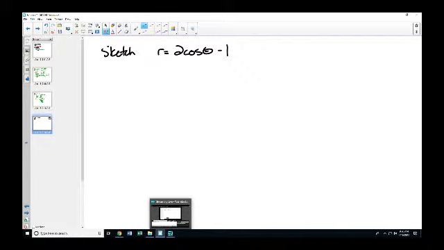This is what's called the limaçon curve.